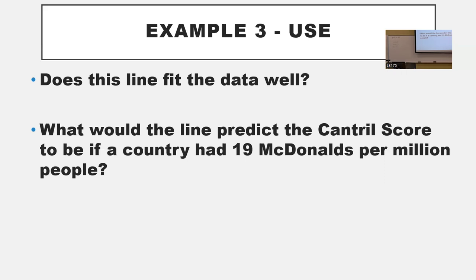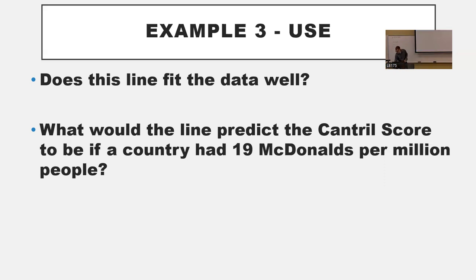However, if there's a question on the test that says, do a prediction of the Cantrell ladder score if a country had 19 McDonald's restaurants per million people, go ahead and still do the prediction. Whether it's a good fit or a bad fit, still do the prediction.